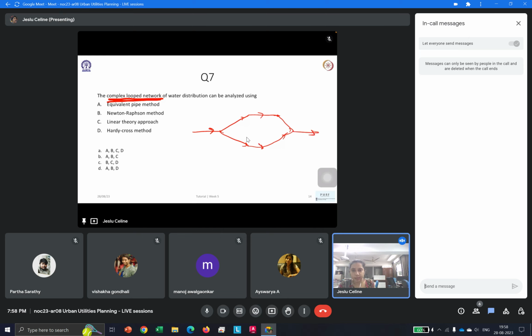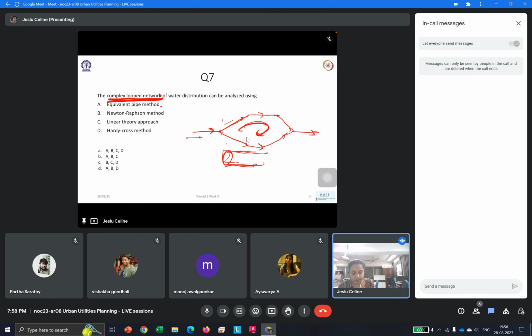What equivalent pipe method does is, whenever there's a branch, it considers this to be an equivalent pipe, like you merge the whole flow into an equivalent pipe, and then you find the equivalent diameter of the pipe in order to do the calculation to see how much flow should be given to each pipe. So that's equivalent pipe method, and that's mainly used for simple networks.